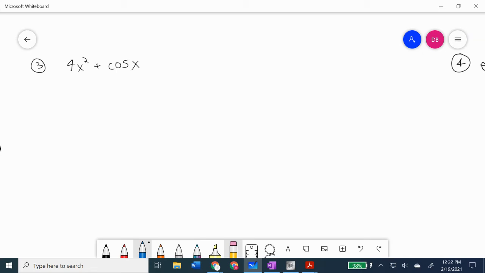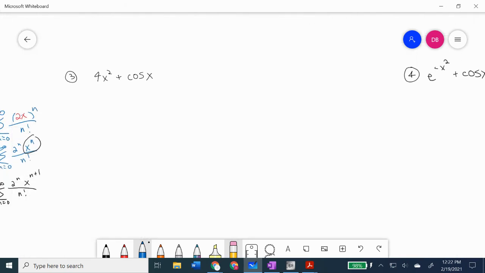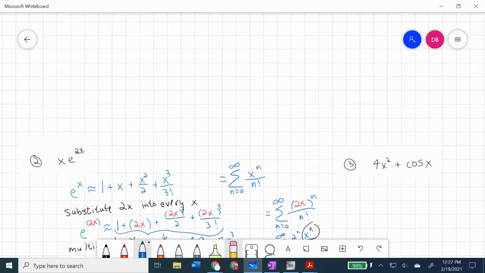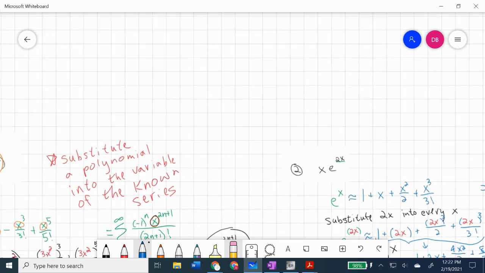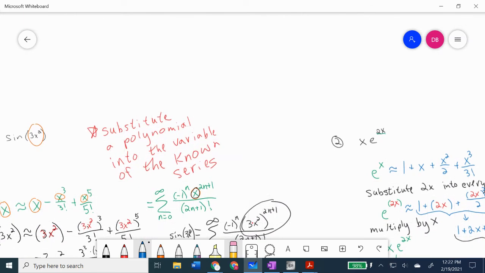All right, here we go. Take a look at the next one. And now let me point out to you, where did I earlier write down? There we go. This star right here where I put, you can substitute a polynomial into the variable of the known series. You can also multiply a series by a polynomial, which we did in number 2.